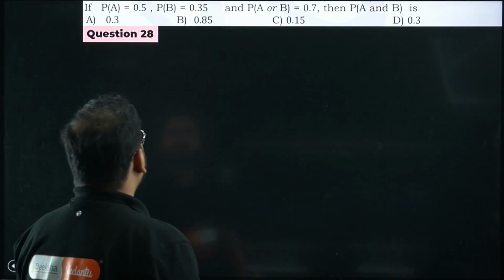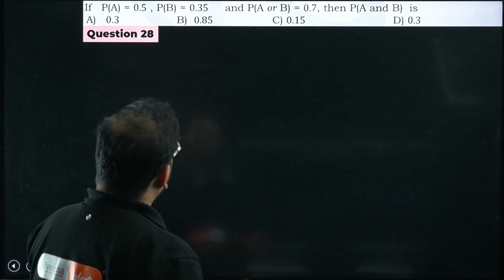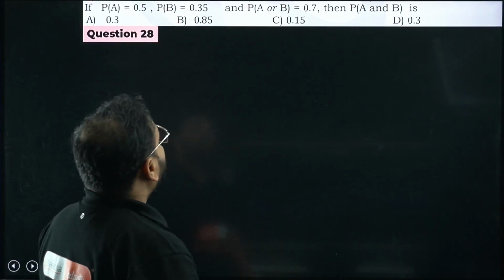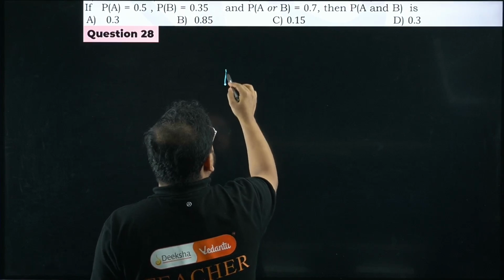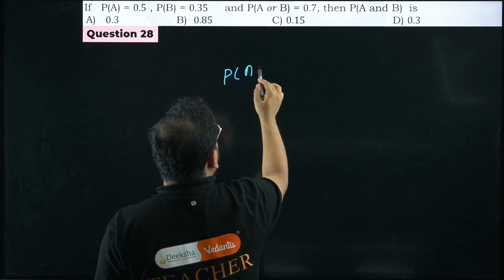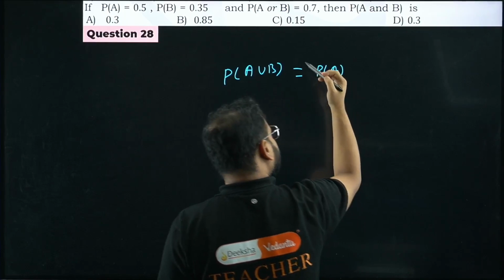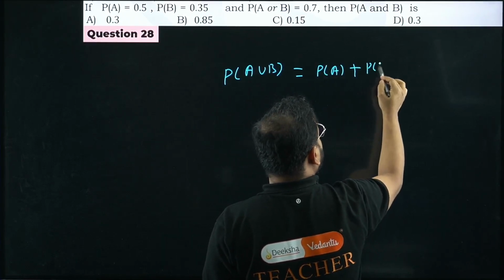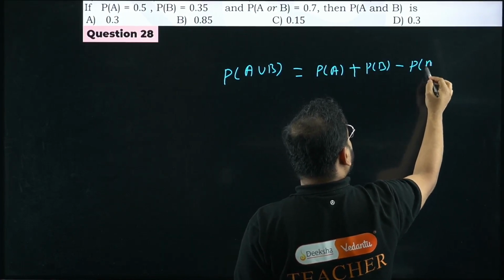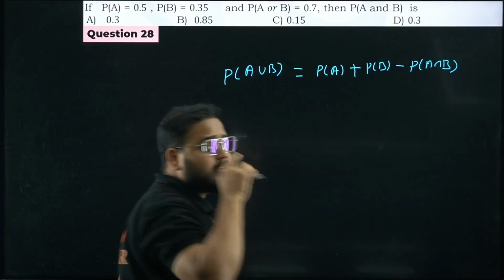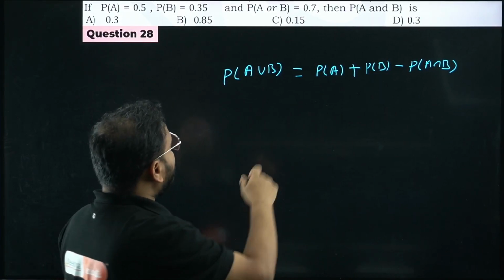Question number 28. What they've given here is P(A) is 0.5, P(B) is 0.35, and P(A union B) is given, right? P(A union B) will be nothing but P(A) plus P(B) minus P(A intersection B). Agreed? We are looking for this value only.